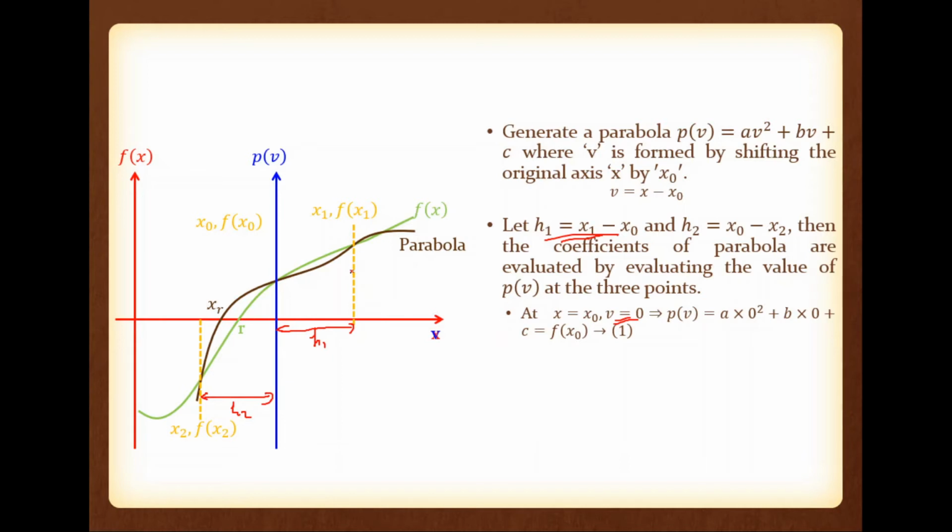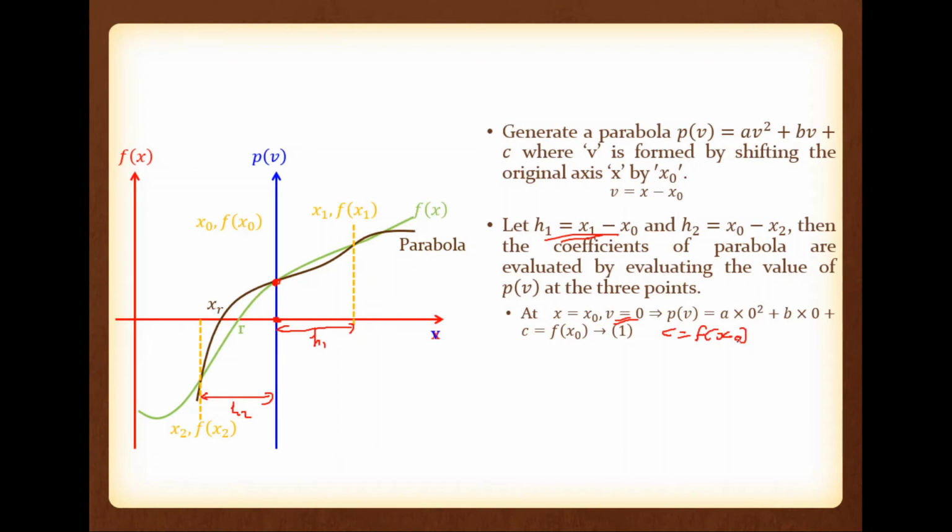That is this point, where v equal to 0, and you can see that the value of p of v here is exactly equal to f of x0. So at x equal to x0, p of v is equal to c, that is nothing but f of x0. So we got one parameter, c is equal to f of x0.